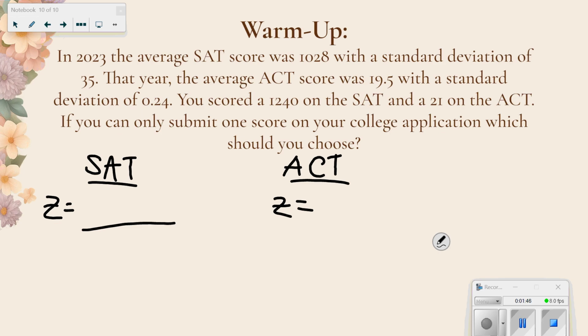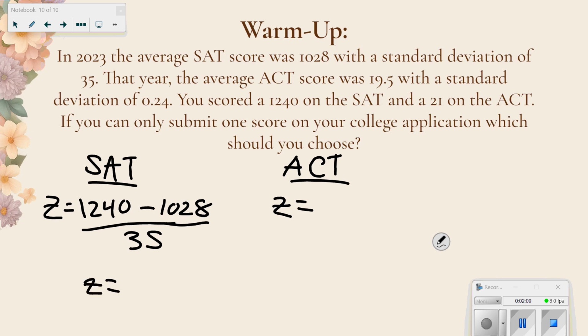So for your SAT, what is your X? What was the X value with the SAT? 1240, it's your score. It's the data point. And the average was 1028, and you're going to divide it by 35.